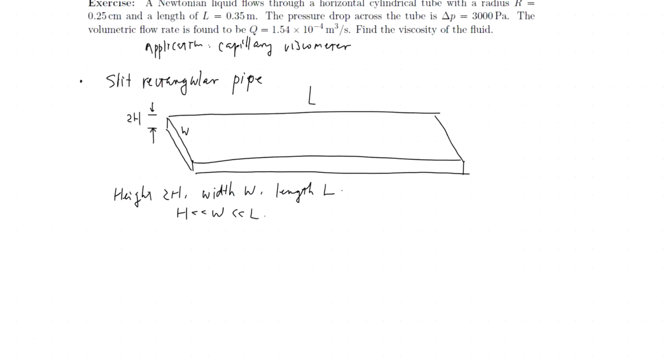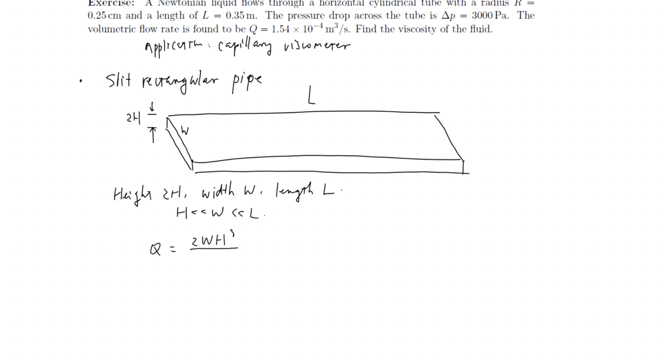For this geometry, we would find Q equals 2WH cubed divided by 3 mu L delta P. The homework exercise is to derive this equation for the slit rectangular pipe.